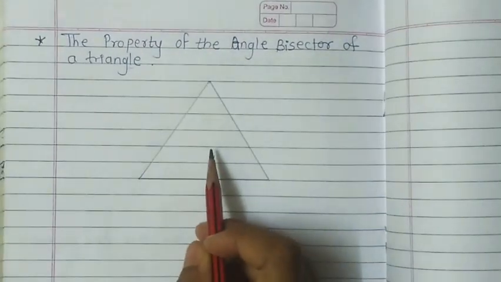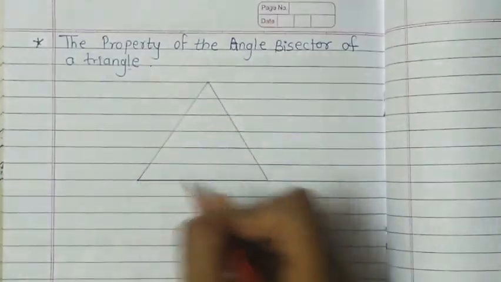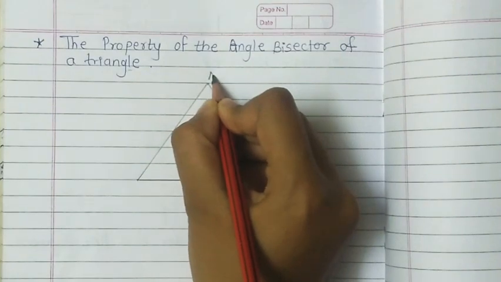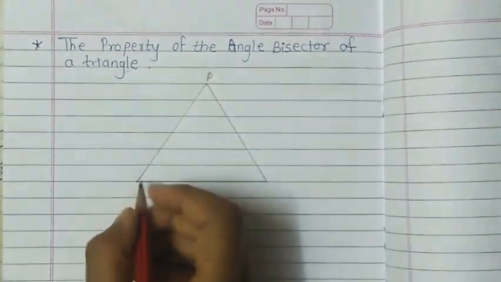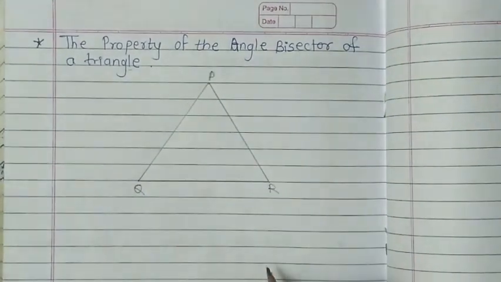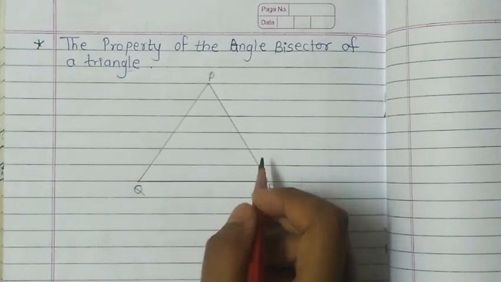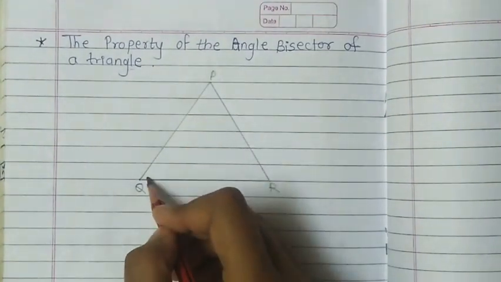Here the triangle which I have drawn is acute angle triangle. Okay. Now name these vertices P, Q and R. And now after this we are going to bisect these three angles.